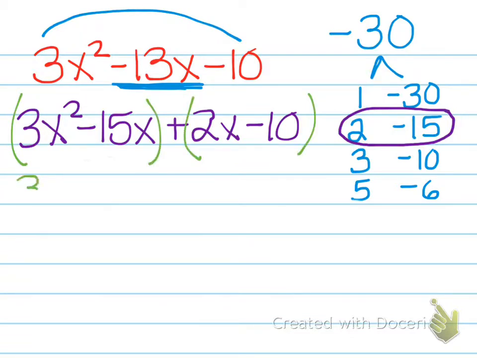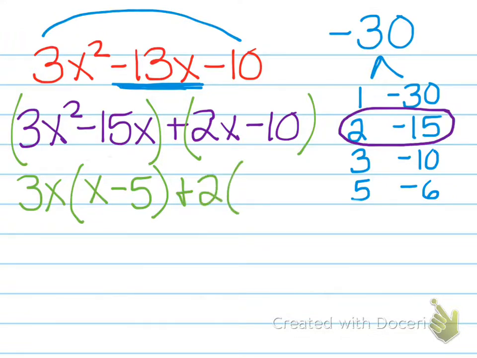So I'm going to take out a 3x here, and I'm going to be left with x minus 5. And I'm going to take out a 2 in my second one, and I'm going to be left with x minus 5. So, do you notice anything compared to that last example? So now, instead of having 3x plus 2 on the inside, I have the x minus 5.